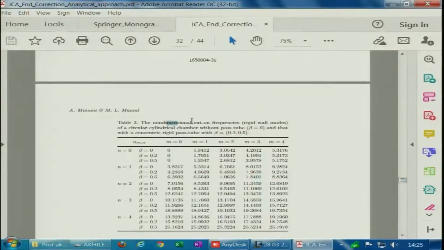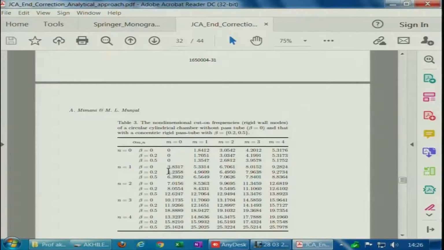So, these are the non-dimensional cut-on frequencies for a circular chamber without a pass tube, and that with a pass tube. Instead of a pass tube, it is basically a concentric annular region, and beta is equal to 0.2. Plane wave mode always exists, but let us focus only on the column here. What it means basically is that for the higher order modes, the first radial mode for beta equal to 0.2, 0.5 gets cut on at a much higher frequency compared to the circular cylindrical chamber.